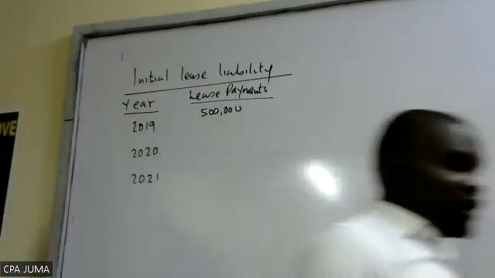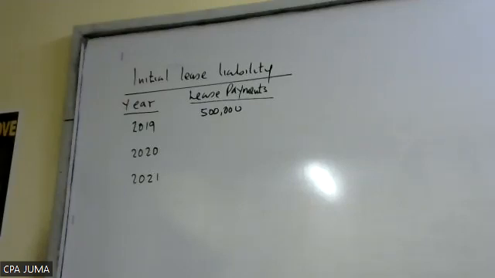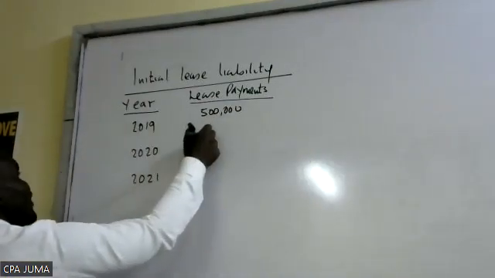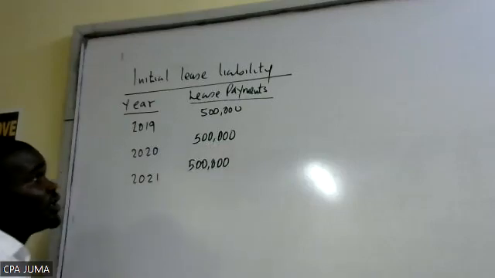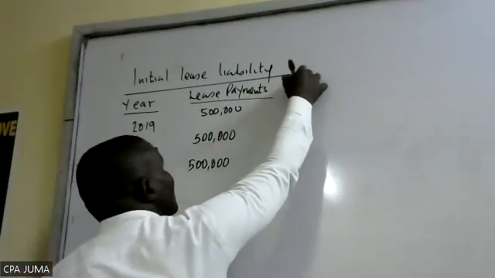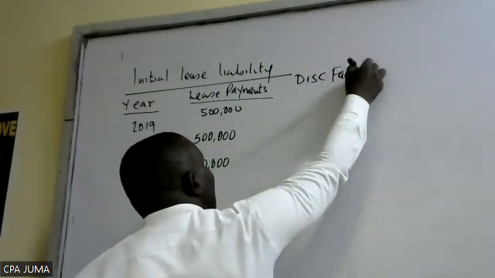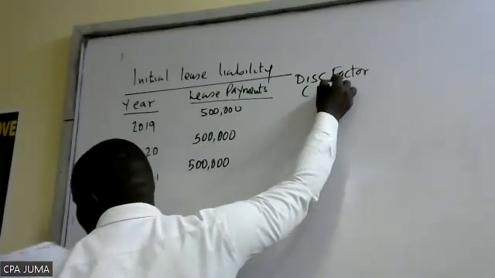So capture 500 for the 3 years. Then you bring the discounting factor. At what percentage? It is 10%.